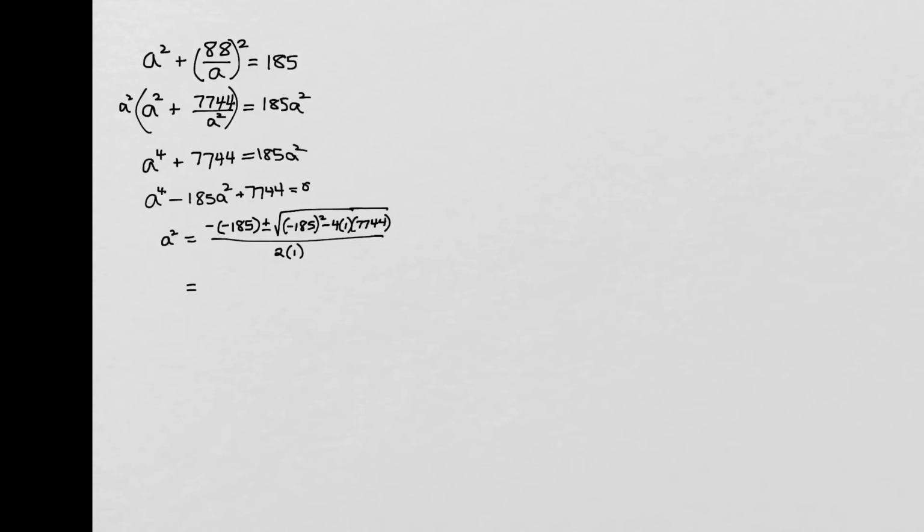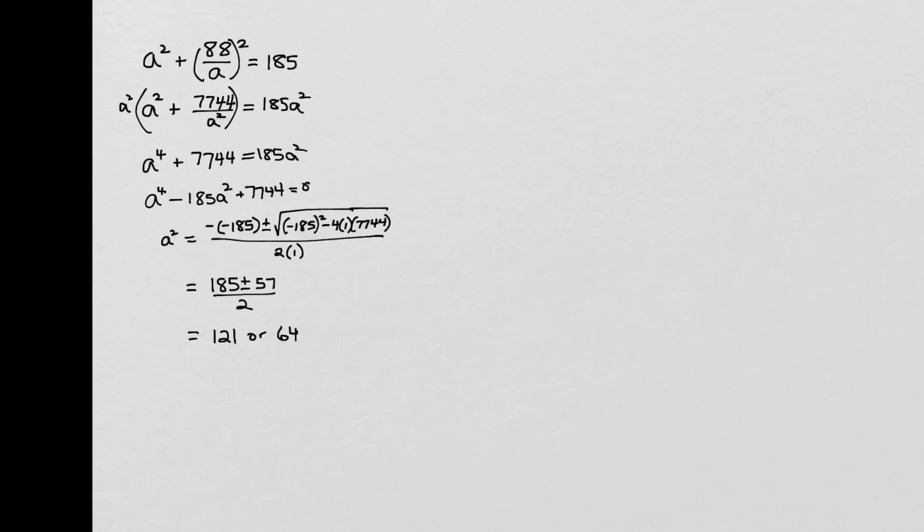So when I calculate this, I will get 185 plus or minus 57 over 2. So then I'll get two solutions, which are 121 and 64.